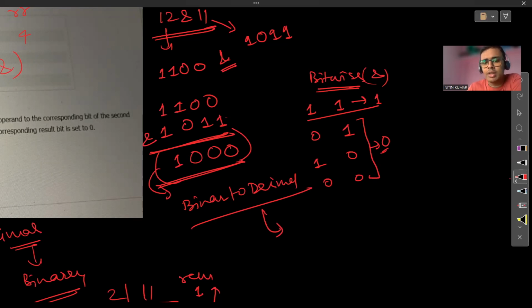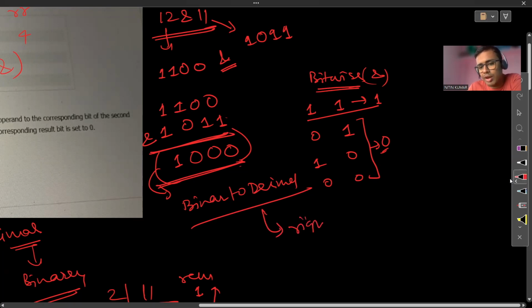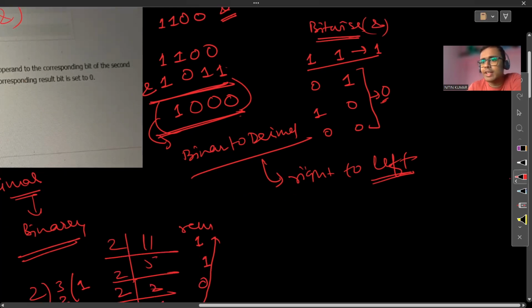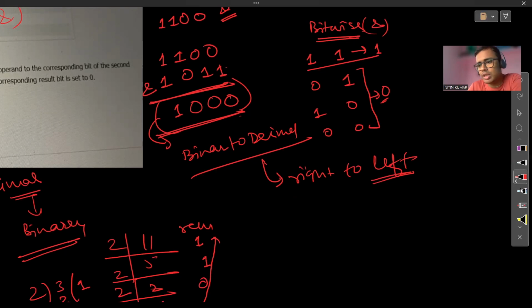We start from right to left, understood? And the rightmost index is 0. This is 0, this is the first index, this is the second index, this is the third index, and so on. We are incrementing from right to left. This is called the index of that place. You can say place value or position, anything you like.